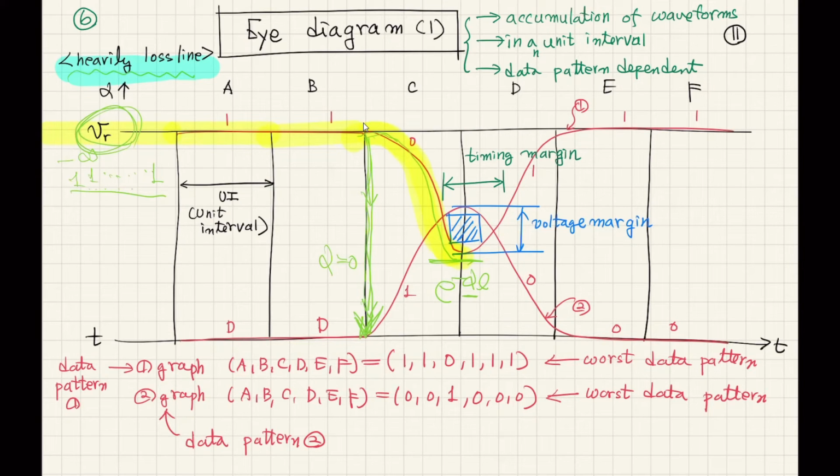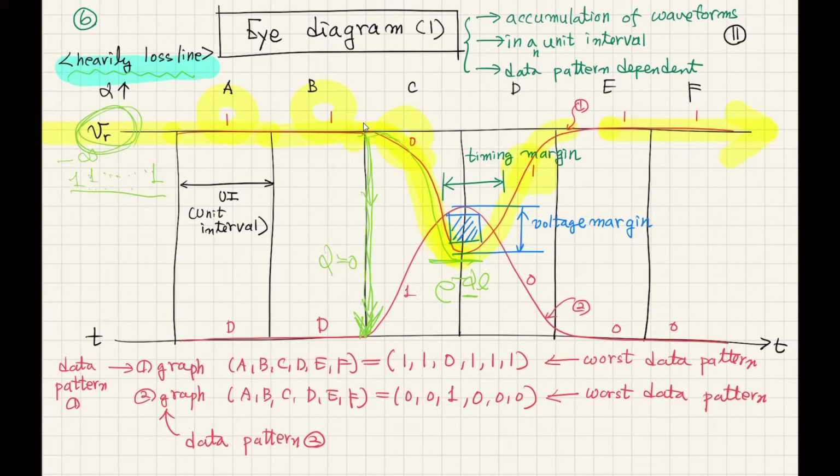Let's assume the data pattern is 0, 1, 1, 0. Suddenly it is changing back to 1. Then this voltage waveform has to go back to 1 again. And then I'm assuming that infinitely, it is becoming 1, 1, 1, 1, 1, 1.